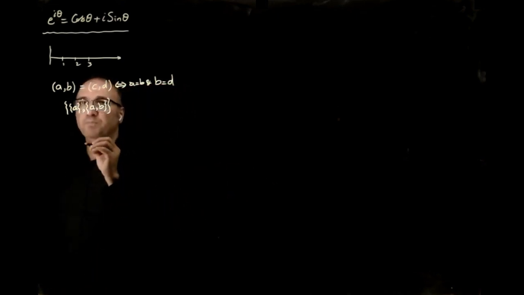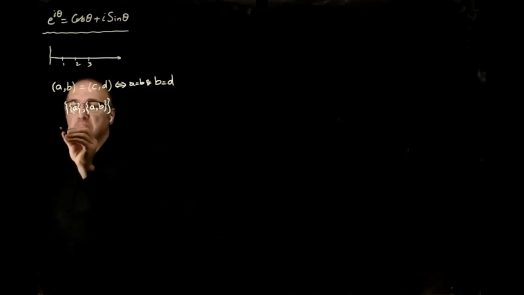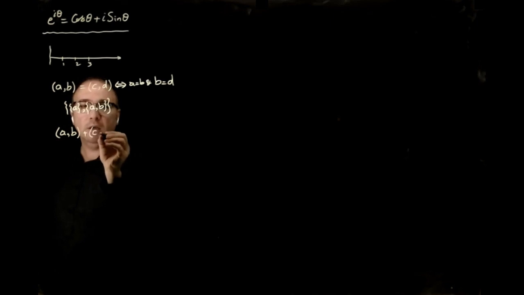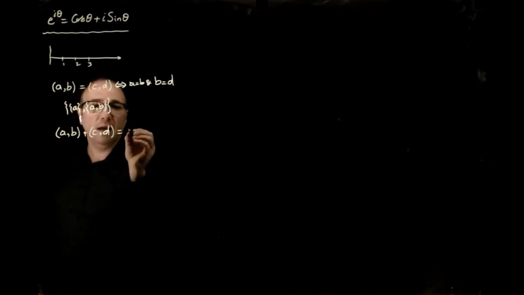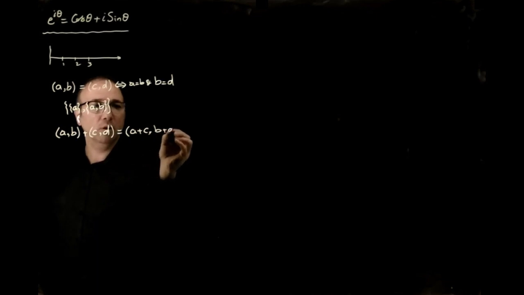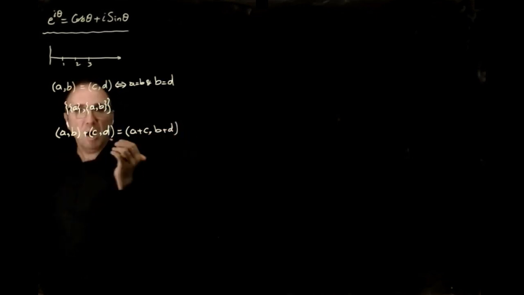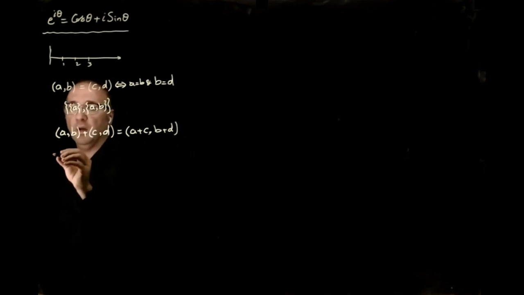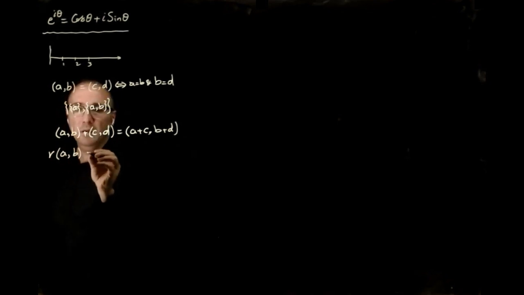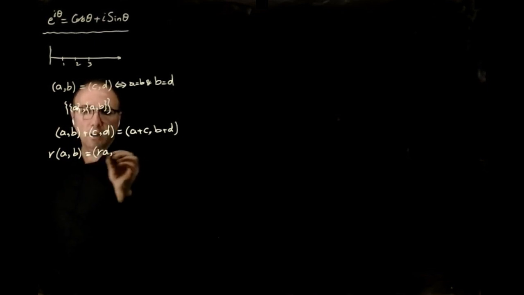So now I define addition between these two numbers like what we would expect: (A plus C, B plus D). Multiplication by a real number, let's say I multiply by R, then R times (A, B) equals (RA, RB).